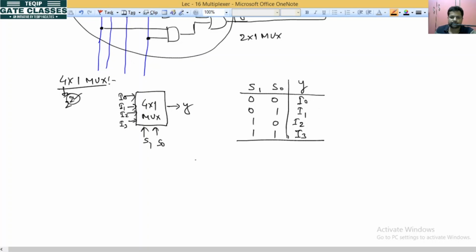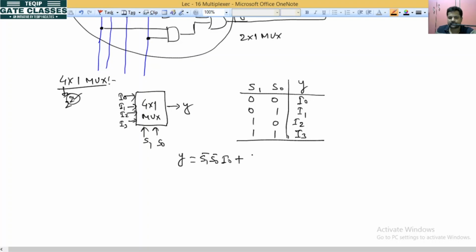So now I want to write the expression for Y. It will be S1 bar S0 bar I0. From here we have S1 is 0, so S1 bar, S0 is 0, so S0 bar, and you have to multiply with the input I0.